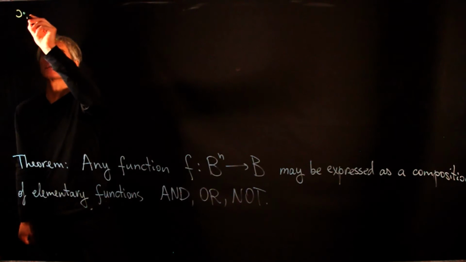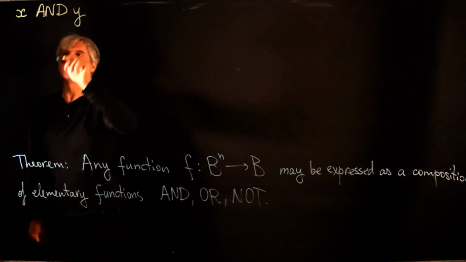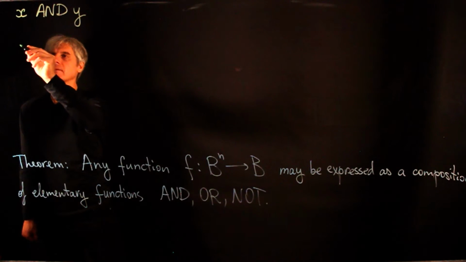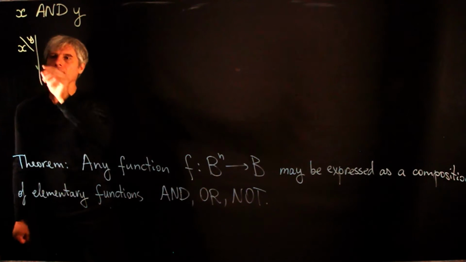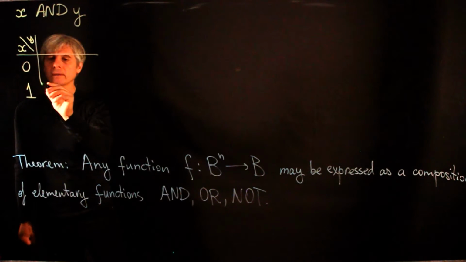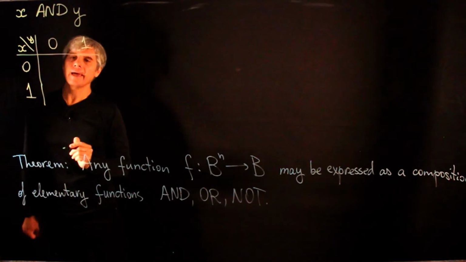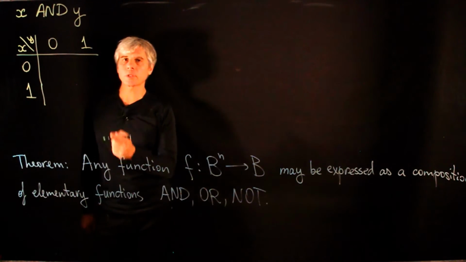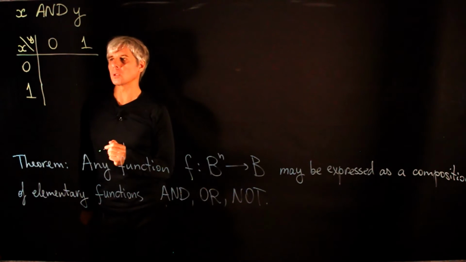So we have x and y. So here we can construct the value table. So x could have values 0 and 1. So y could have values 0 and 1. And so here we interpret 1 as true and 0 as false.